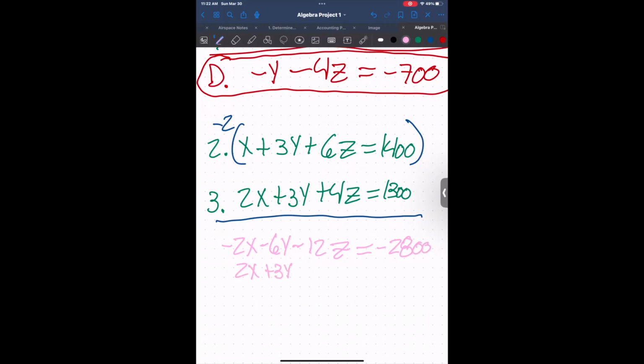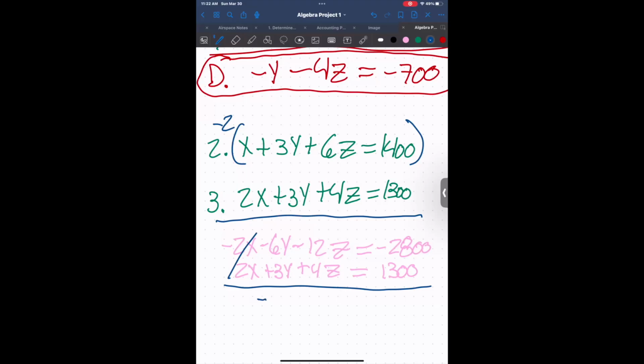We bring down the other one. 2x plus 3y plus 4z equals 1300. And again, we're just going to compare here. So let's see if we can bring this to fruition. Right away, I see that x's are gone. They've canceled out.